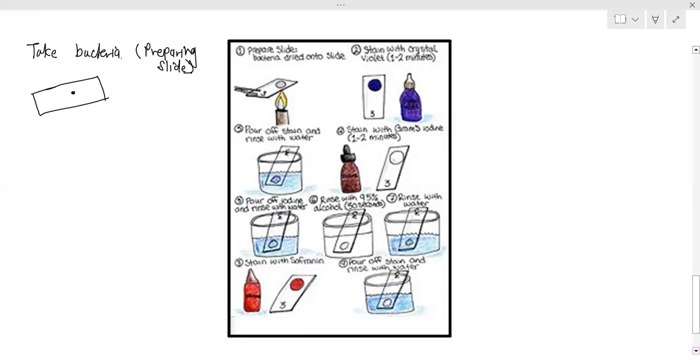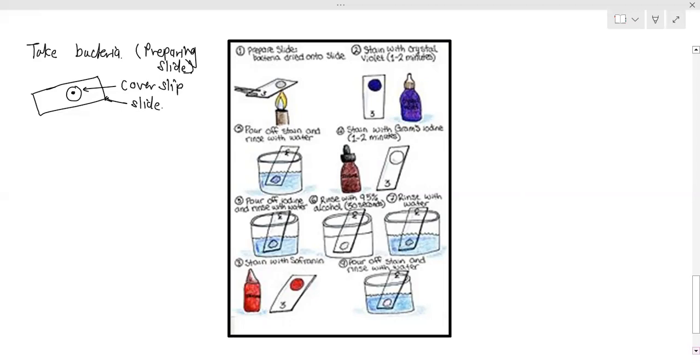Then on that drop you put a cover slip, a small circular glass piece. The cover slip allows us to fix the bacteria at one location, so we understand that my bacteria are over here. Sometimes we put a cover slip, sometimes we don't. It depends.